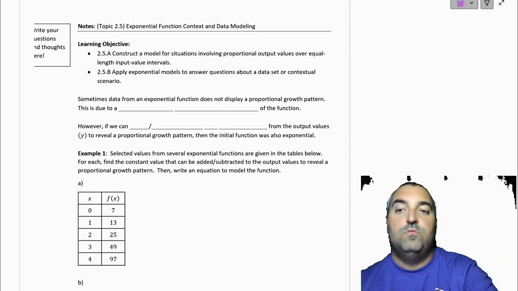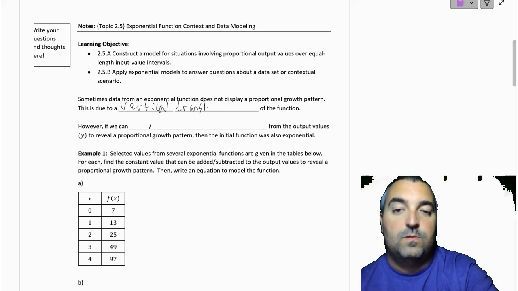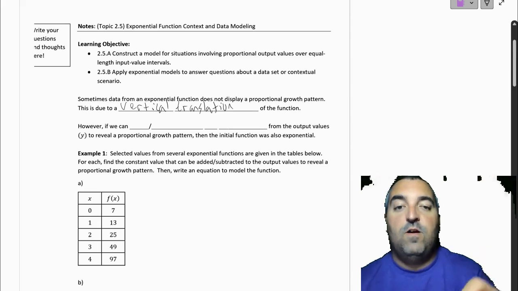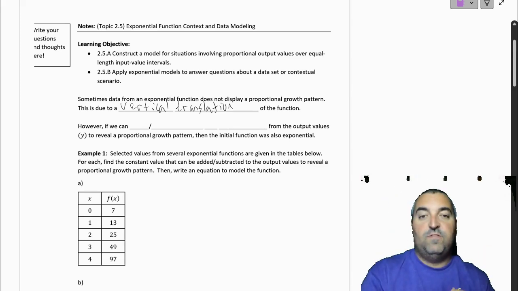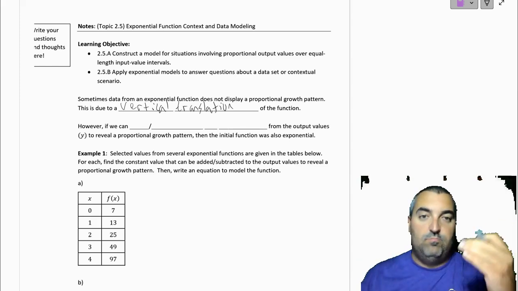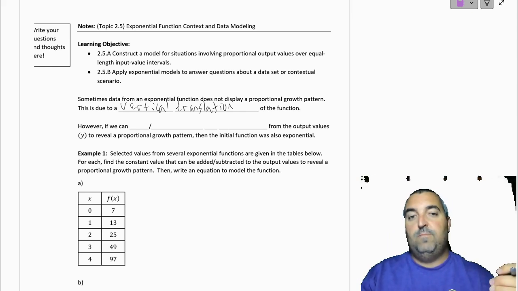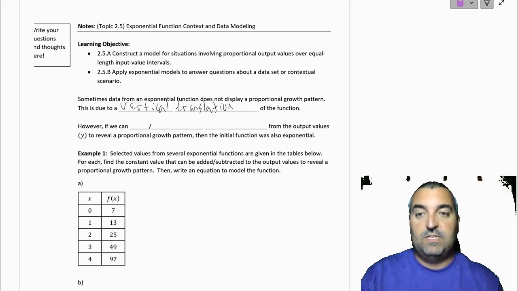And this is due to a vertical translation. If you have a vertical translation of the function, it makes it look like it doesn't multiply by the same thing every time, but it actually does still follow an exponential pattern.